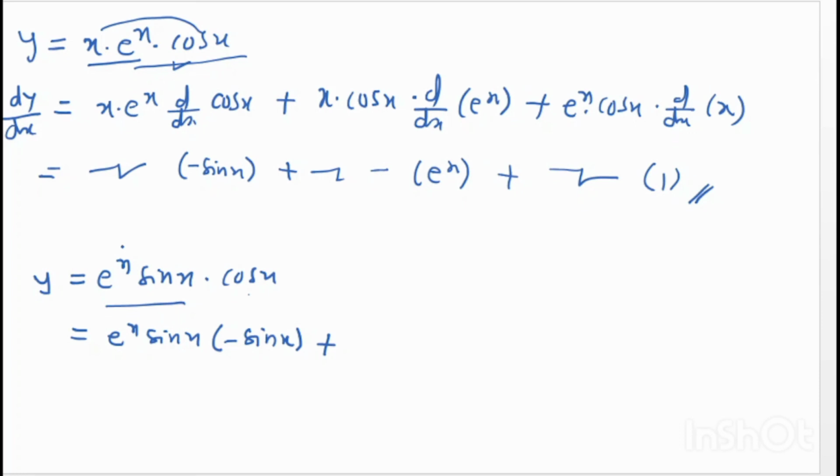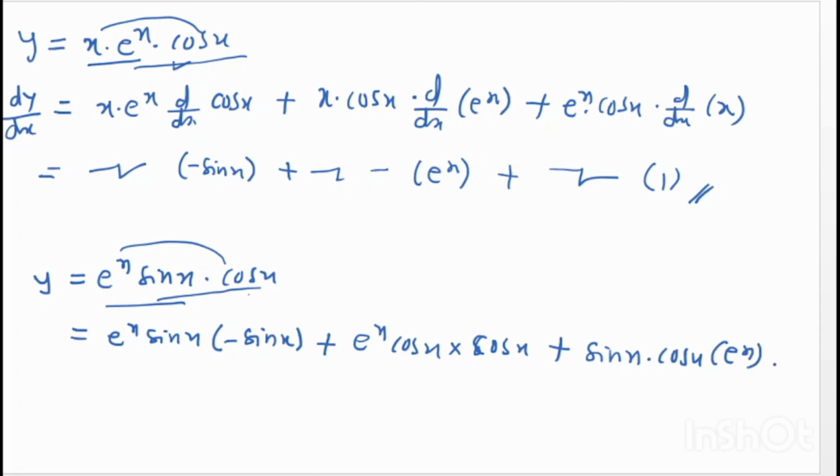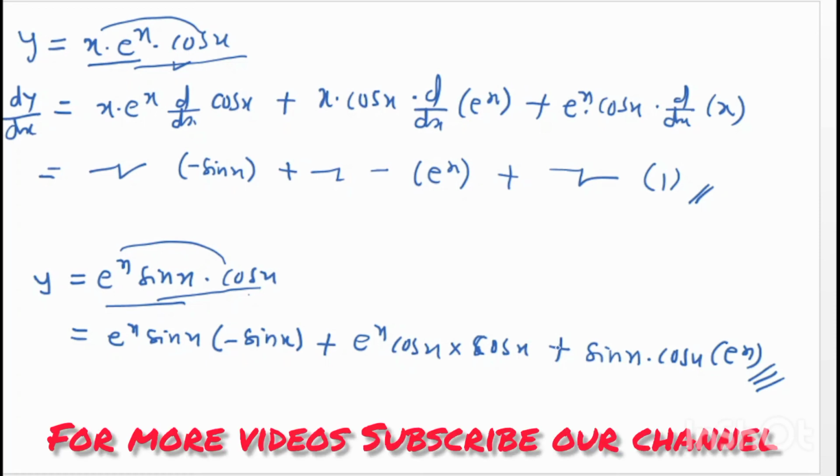In the second, take two terms as it is, first and third, e raised to x cos of x, take the derivative of the middle term sin x, so the derivative of sin of x is cos of x. Plus keep the second and third constant as it is and take the derivative of the first, so sin of x and cos of x as it is, and the derivative of e raised to x is e raised to x. So we solve directly, and in such a way you can practice many more examples at your home.